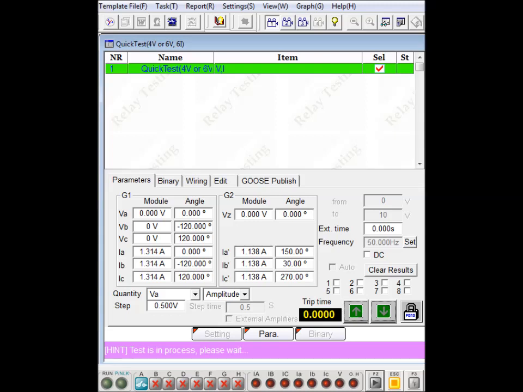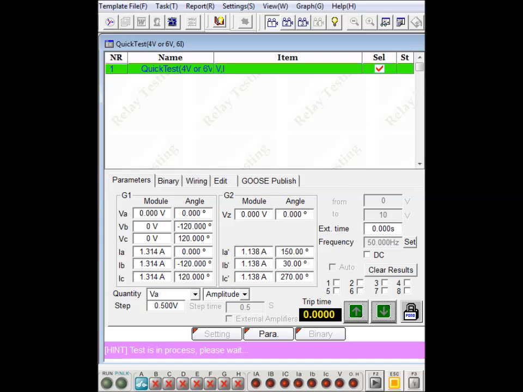Now in the injection kit we have given current in the secondary side of the HV as 1.314 ampere, which is equivalent to 394.2 ampere, and in the LV side we have given a current of 1.138, that is 1138 ampere. This results in I1, the per unit current in the HV side, of 1.8 per unit, and the LV side per unit current comes to 1.3 per unit.